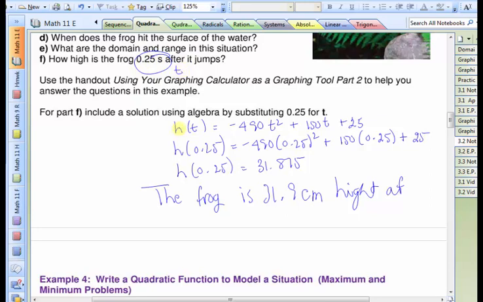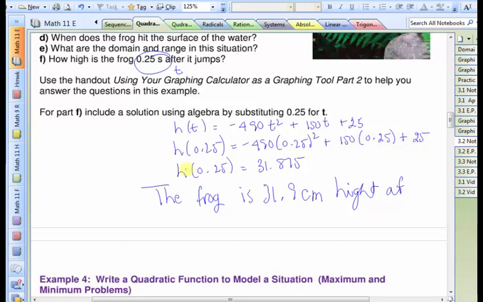Here's your formula. H of t is equal to negative 490 t squared plus 150 t plus 25. We want to plug in 0.25 for t, so wherever there's a t, I'm going to plug in 0.25. So h of 0.25 equals negative 490 times 0.25 squared plus 150 times 0.25 plus 25.